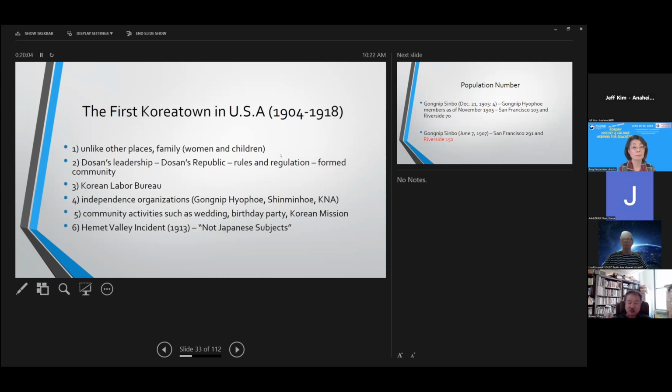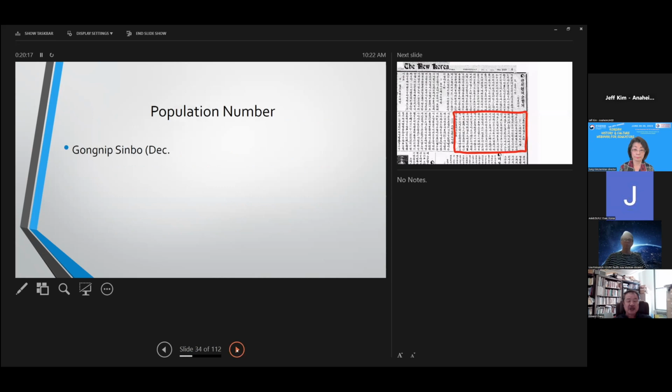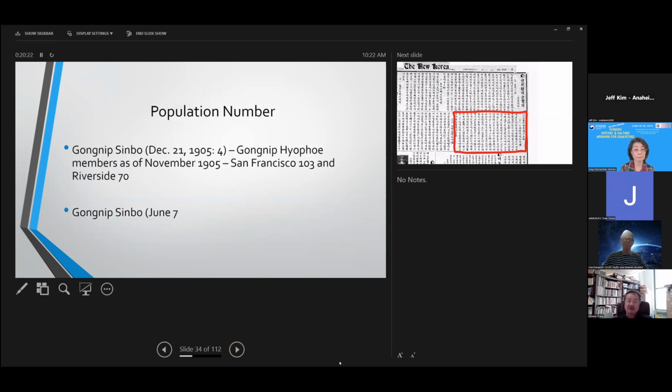And they lived and worked, and established a community of their own, with all kinds of community activities, as well as independence activities, until 1918. In the beginning, I thought the number was very small, maybe 60 or so, but it turns out it was much larger than that. 국립신보 on December 21st, 1905, said 국립협회 members in San Francisco were 103 and Riverside 70.